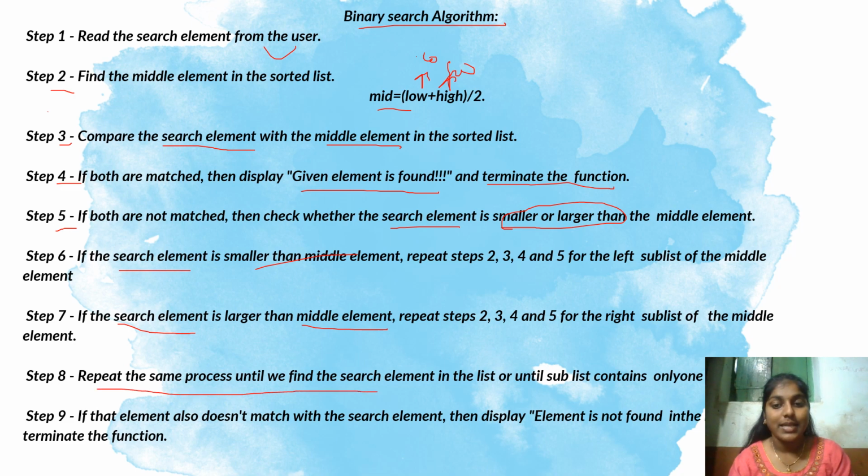Then repeat the same process in the list or sublist until we get the required search element. If the element doesn't match, then we are going to print that the desired element is not in the list, and we are just going to terminate the function.